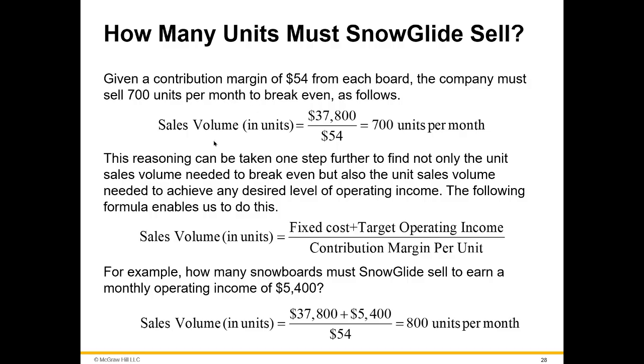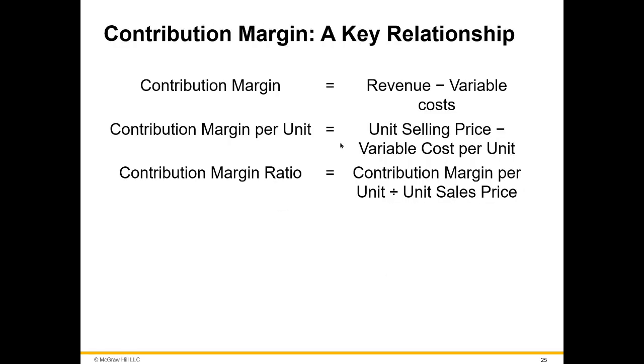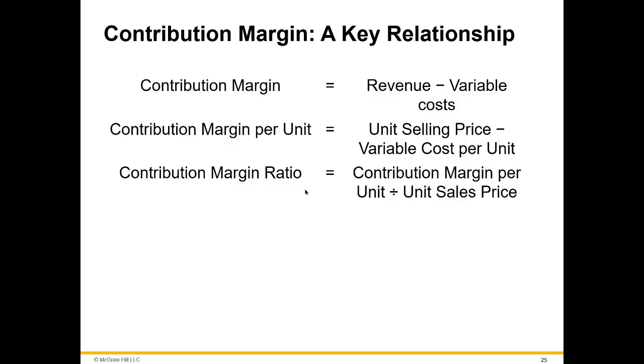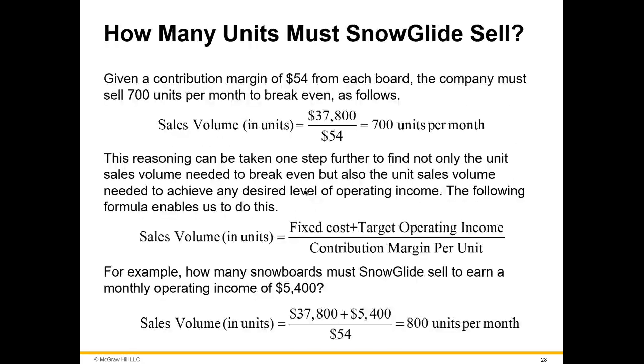Here's the sales volume, and the sales volume is going to be fixed costs divided by $54 per unit. Okay, so if we sell 700 units per month, we're going to break even. So let's go back here to our graph, and here's 700, and that's where we break even. Okay, so we can see how that all kind of comes together there.